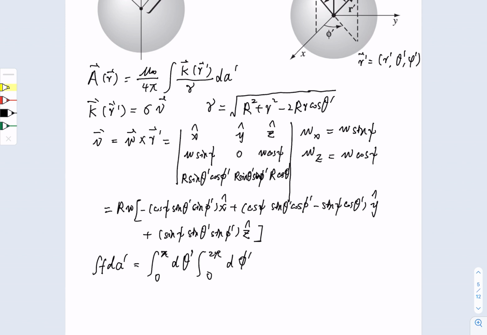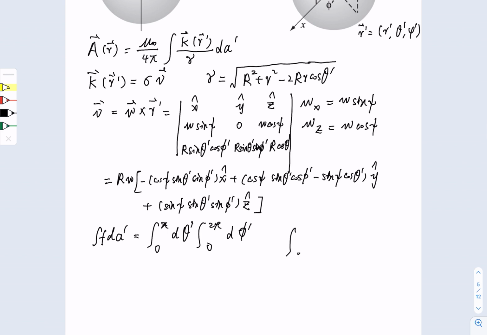And for this d phi integral, we can take a look at the terms involved. If you notice a term of sine phi prime d phi prime, or a term of cosine phi prime d phi prime, then these are exactly zero, because the integral is simply cosine phi prime or sine phi prime evaluated at the same point.